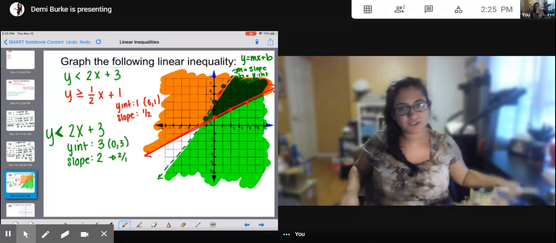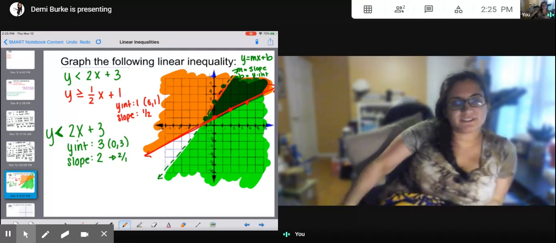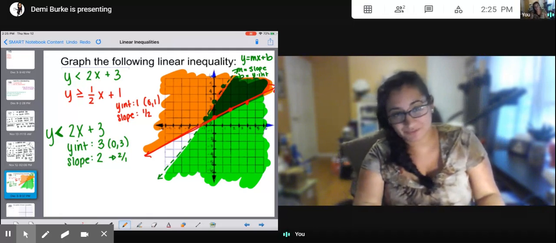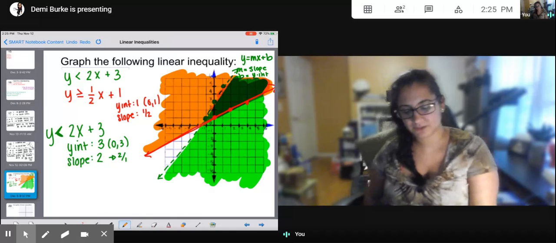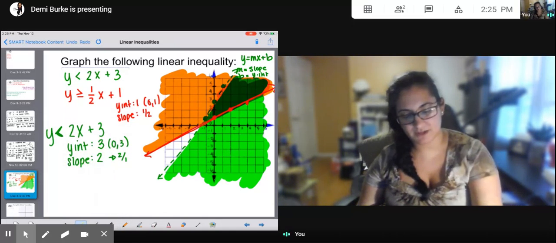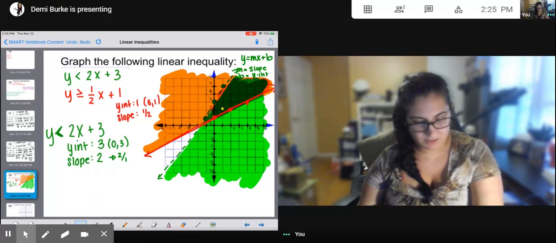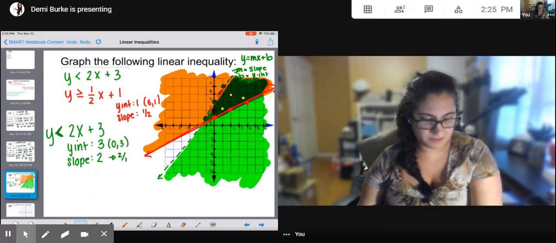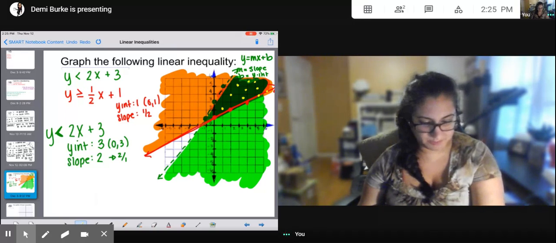So now if we wanted just some solutions to the red, we're going to look at anything that is in that orange section. But if we want solutions to the system, we want solutions to both of these things, we're actually going to look at any point in here, all of these points or points on the solid line. They don't even have to be perfect. They can be decimal place points.